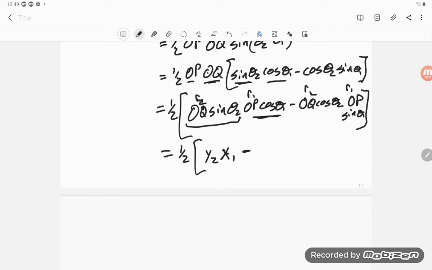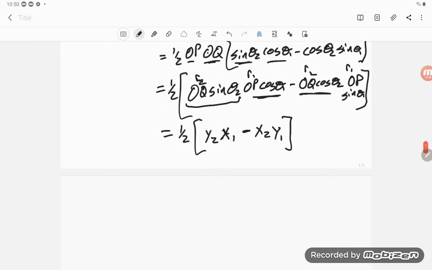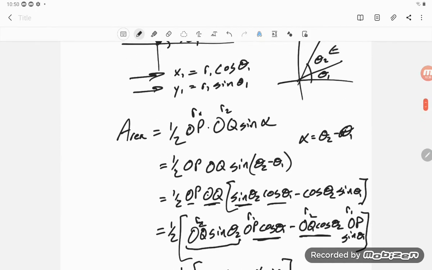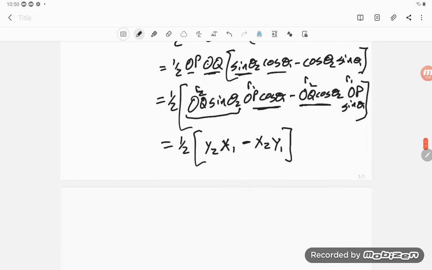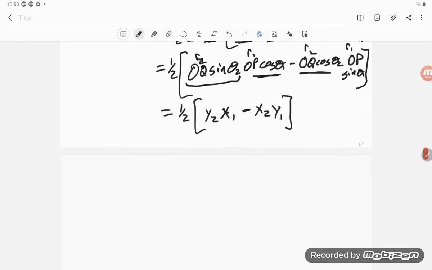And we have minus, here is R2 with a cosine, so that's X2, and then Y1. And so if you have those coordinates, this formula for the area is just true. Okay, that's true no matter what.